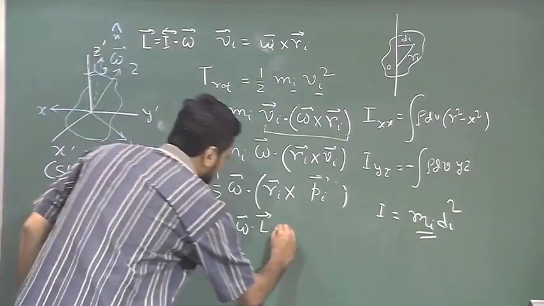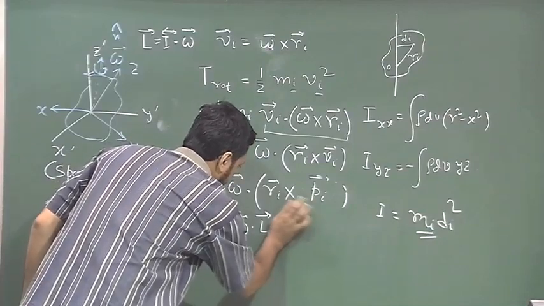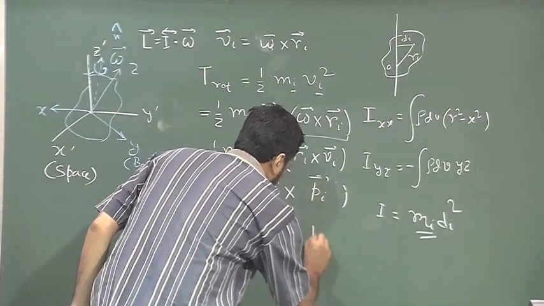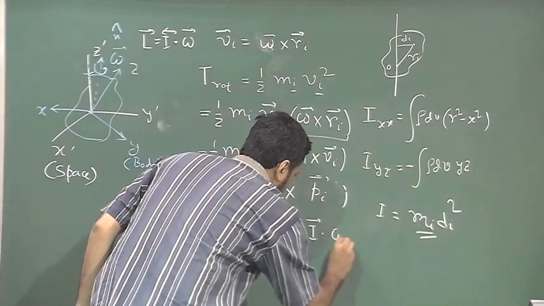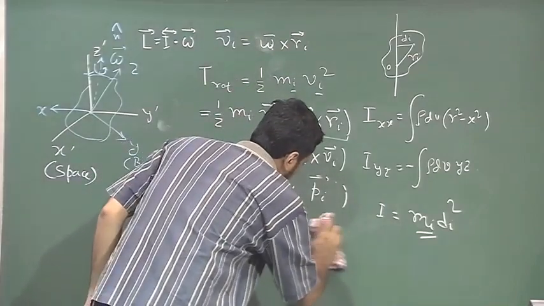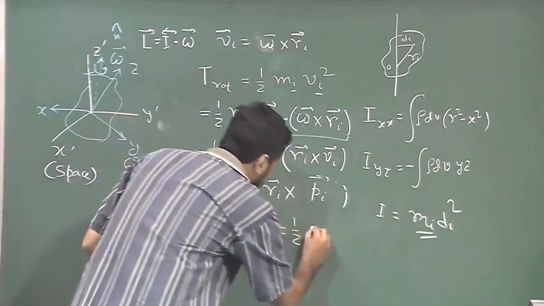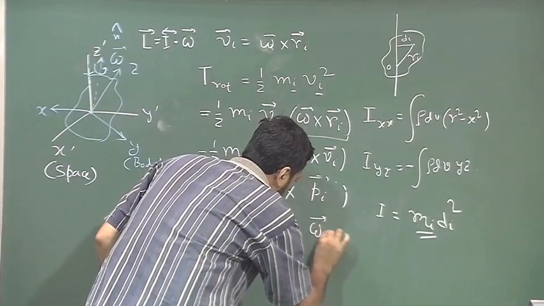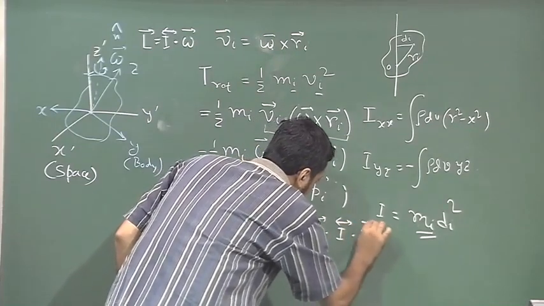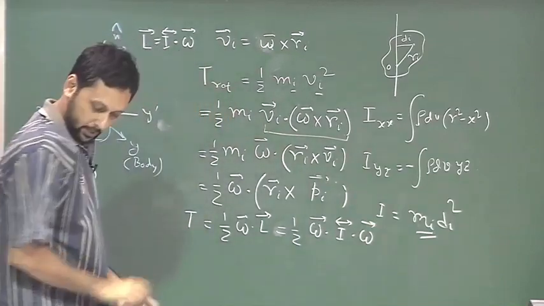Now, if we substitute here, then we get T is equal to half omega dot I dot omega, right.